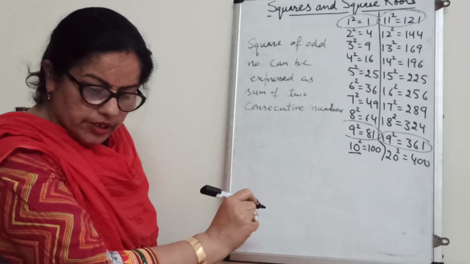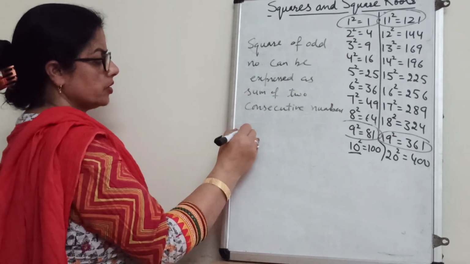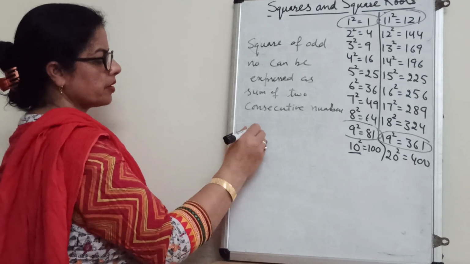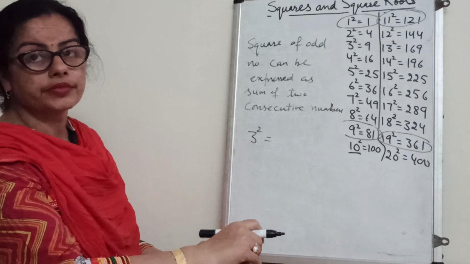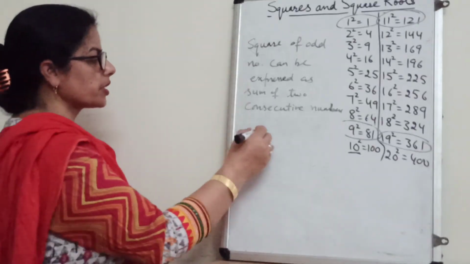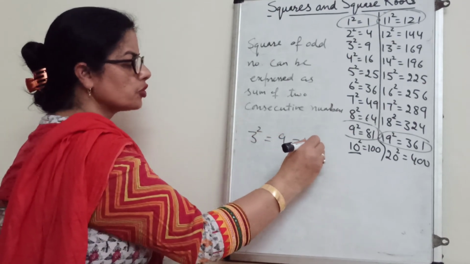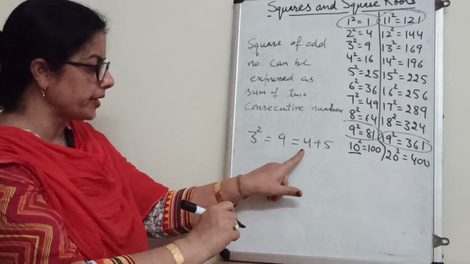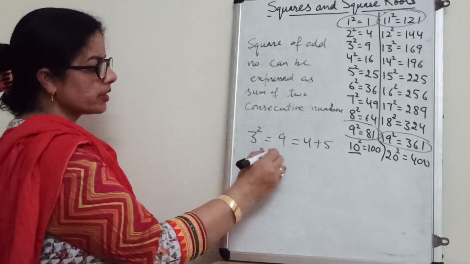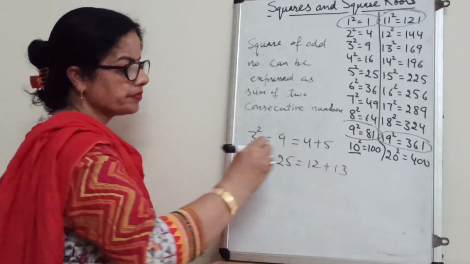See, let us take one. I am taking here the square of an odd number. See, first I am taking 3 square. What is 3 square? It is 9. And it can be written as the sum of two consecutive numbers. We can write it as 4 plus 5. Now see 5 square. 5 square is 25. 25 means 12 plus 13.